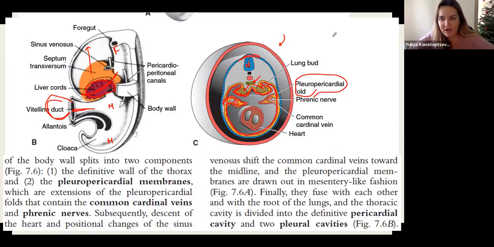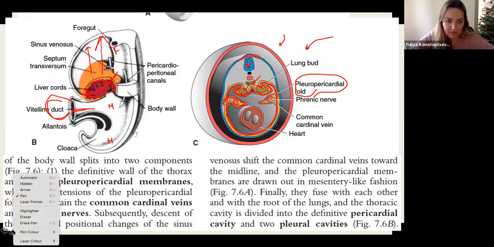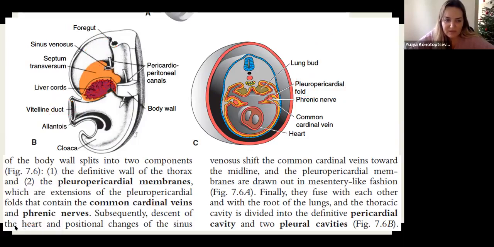So what we're trying to do on this picture is separate the thoracic cavity into the pleural cavities and the pericardial cavities. These little tiny things that you can see here are lung buds. They aren't mature lungs. They aren't made yet.